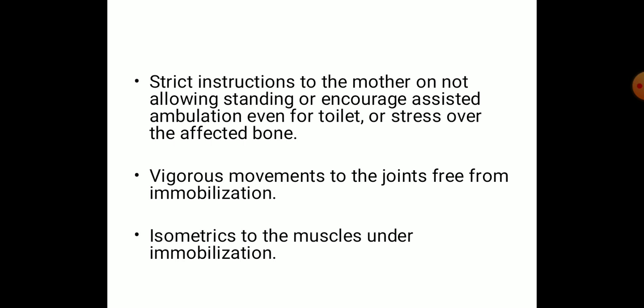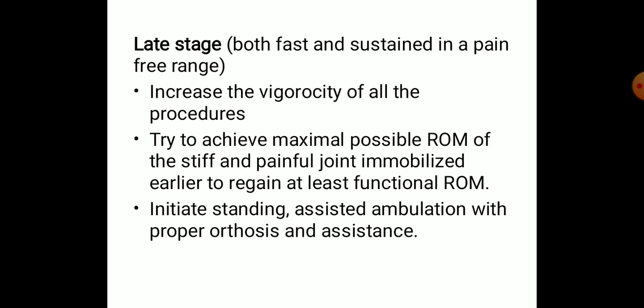We don't want that muscular atrophy to happen, so we should prevent it by means of isometric exercise. The patient should be advised to continue a proper regime of isometric exercise to all the muscles around the immobilized joint. Those are the things we need to be careful about in the acute stage.